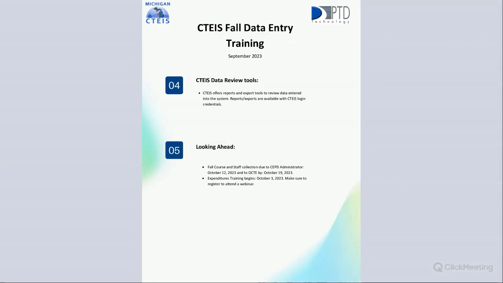And then don't forget to sign up for the next training session, which, if you're a CPID admin, is September 27th. And if you have completed all of the other trainings, you can go ahead and register for the expenditure training, which begins on October 3rd. So there are still dates available.